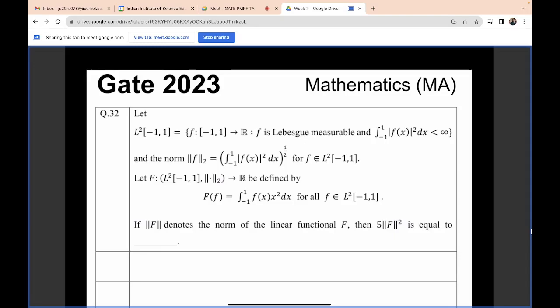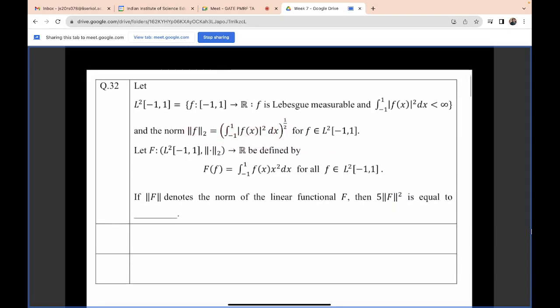With the norm, because this is finite, you take this quantity to the power half, then this becomes a norm. Now let's define a linear functional on this space. This is basically the Hilbert space, a complete normed linear space. So define the linear functional on this Banach space or Hilbert space, by the integral with respect to x squared from minus 1 to 1, for all f in L2 of minus 1, 1.